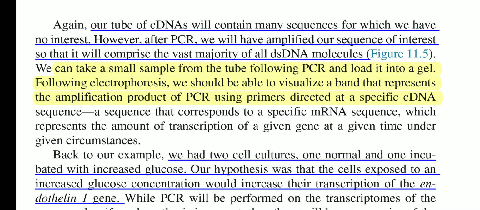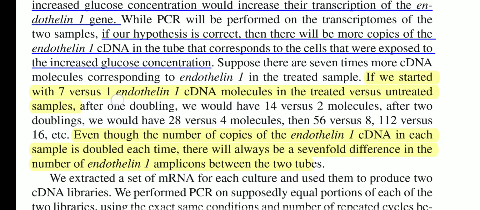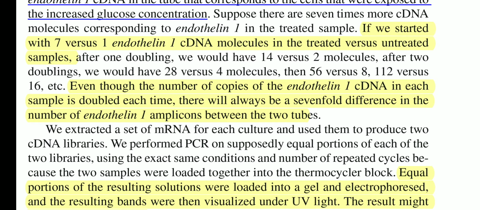And after that, we run it in PCR, and after running PCR we will have our desired gene fragment, the desired cDNA replicated, only the one we are interested in. Other cDNA will remain as such and will not undergo any copying or replication, because we have used the primer. Even though DNA polymerase is there, without primer DNA will not replicate.